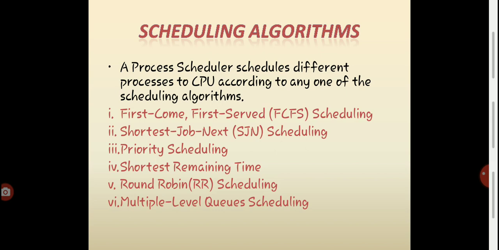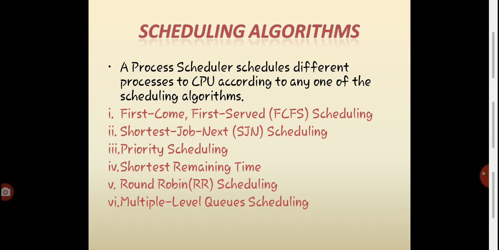And you know what is process scheduling? When multiple processes are waiting for a single processor, the CPU, the operating system will schedule the waiting processes. It decides which process should be executed first, which second, which last, and so on.